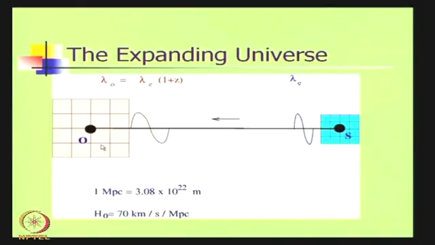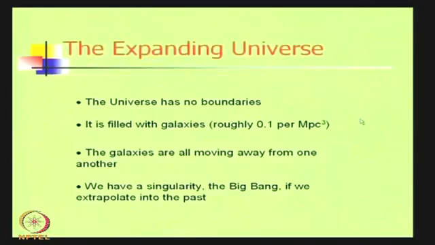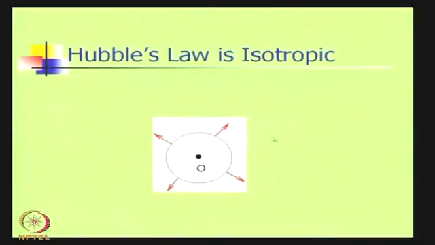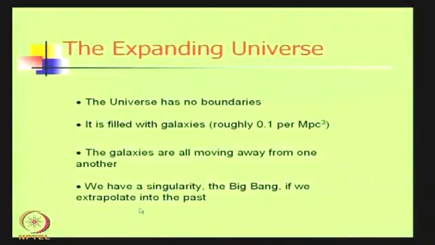If you go back into the past, the spacing of the graph paper, or the distance between the galaxies, was less. If you keep on extrapolating this backward in time, you find that there comes a time when this spacing actually becomes 0. We shall work out the dynamics, but if you extrapolate backwards, they are nearer and nearer, and there is a time when the spacing between all the galaxies becomes 0.